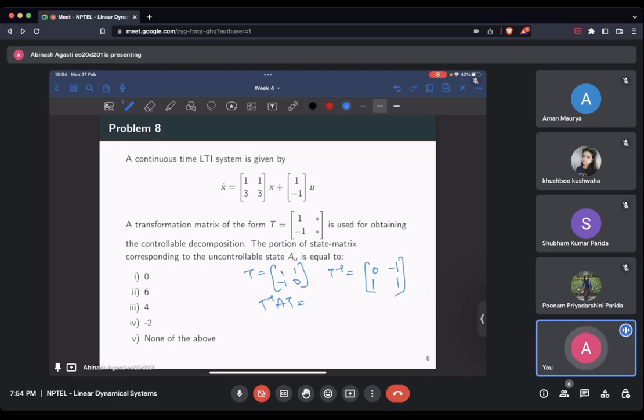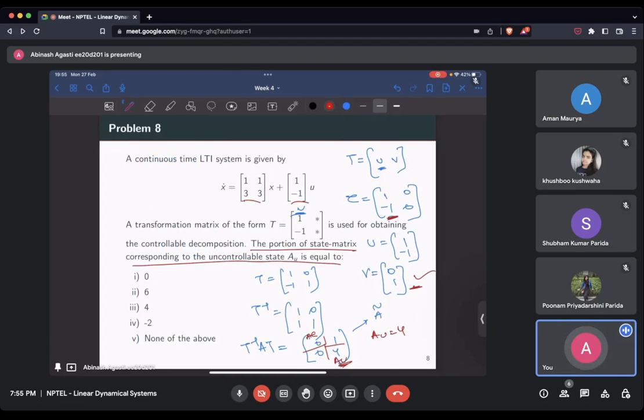T inverse A is minus 3, minus 3, 4, 4, then 1 minus 1, this 0, then this is minus 3, 0 is 4. So what did we get here? AU is still equal to 4. So even if we change this V, we still got the same AU.